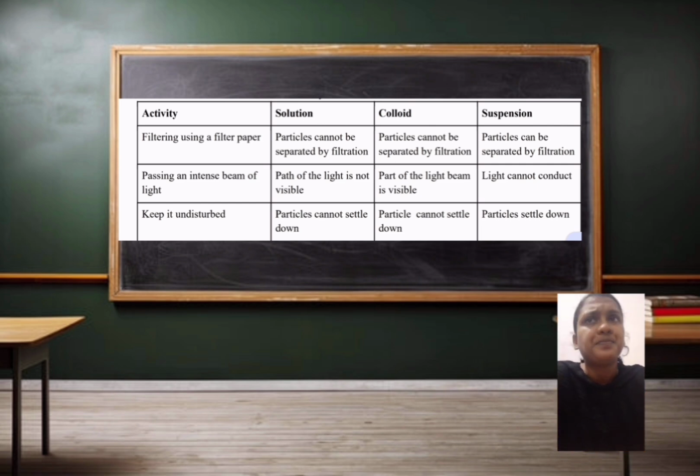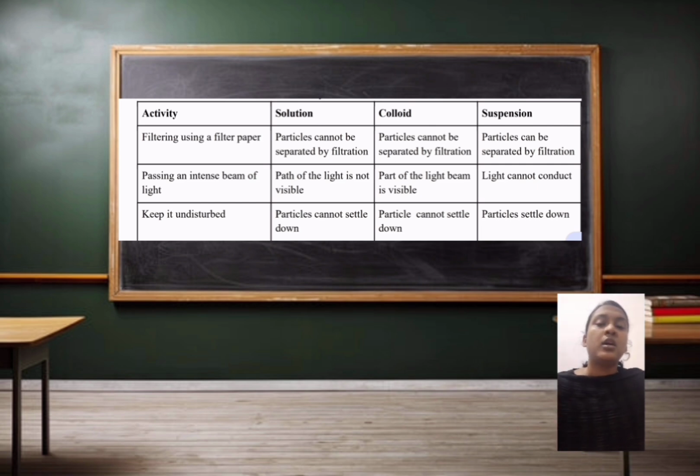Now consider colloids. One example of a colloid is milk. When we use a filter paper to separate the particles of milk, we cannot separate them, because the particle size is also small like that of a true solution, but bigger than the particles of a true solution.